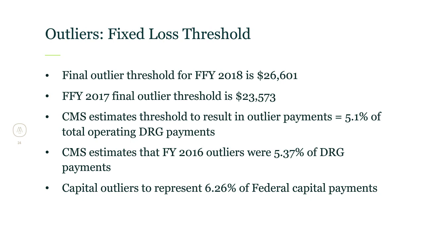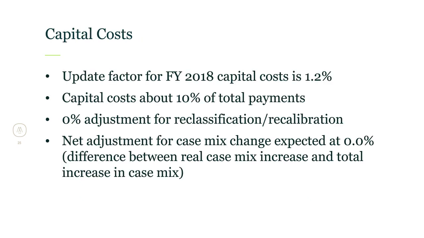Capital costs, the update factor for this final period will be 1.2%. As we saw in the original slide on payment rates, we're looking at about $453 per case for the capital costs.